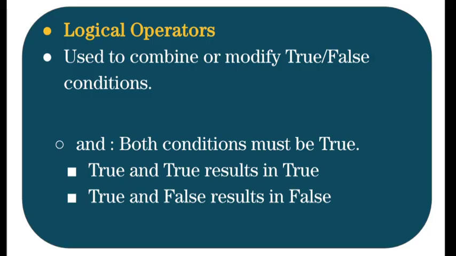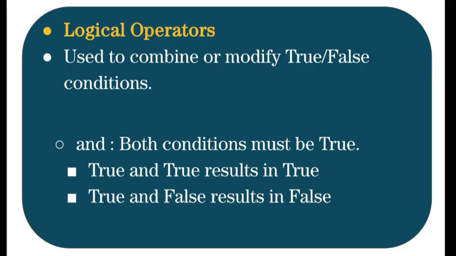So what will this AND operator do? It combines the two different conditions, 5 greater than 3 and 2 less than 1, and gives you another result. Here it is true and false, so true and false results in false. For this AND operator, both conditions should be true to result in a true value.